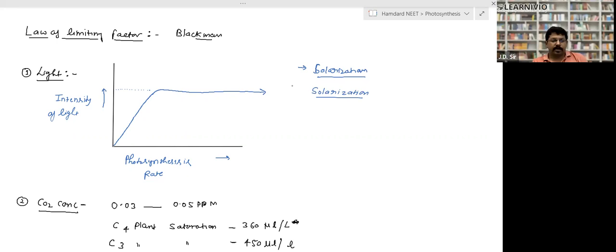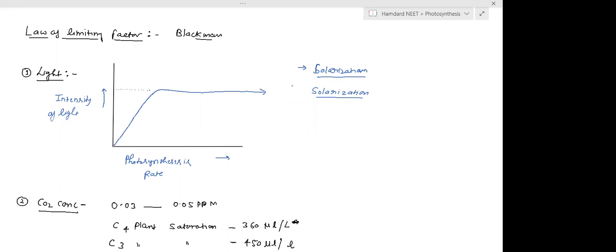First, please note down this graph, then I'll tell you what solarization is. I'll explain. Done? Please note it down.